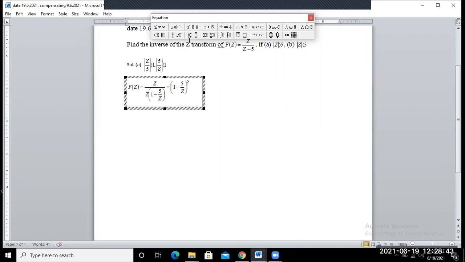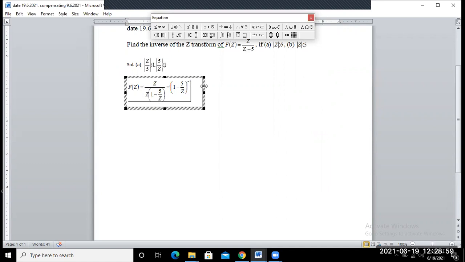Now it is similar to 1 minus x to the power minus 1. Based on the binomial expansion of 1 minus x to the power minus 1, let's express this equation.